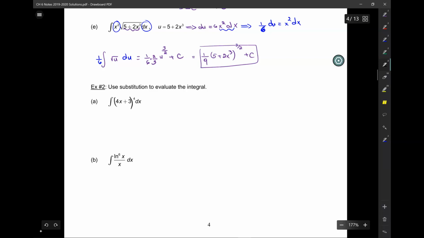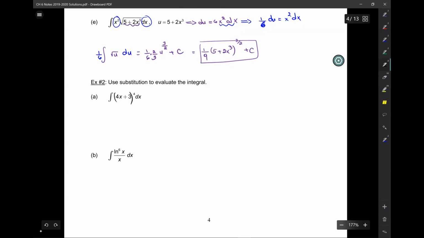All right, here. Now we have to choose our own U. So what do you guys think for the U here? 4x plus 3. So, no, you have to have chosen the right U. Otherwise, it all fails. U is 4x plus 3. That means du is 4 dx.